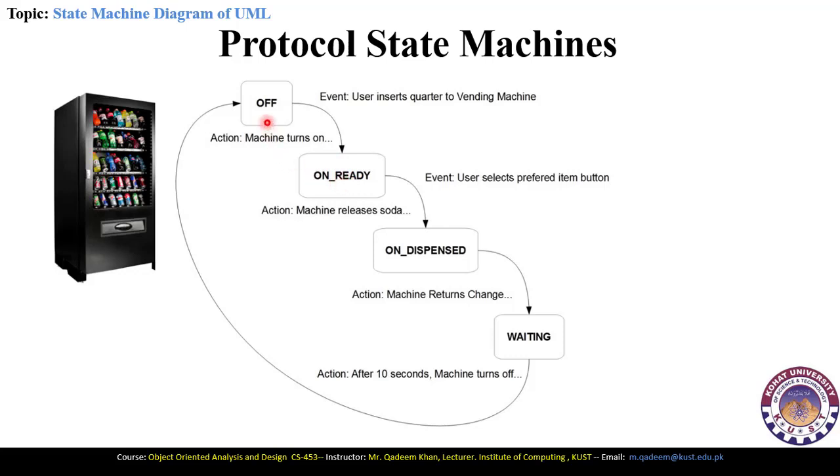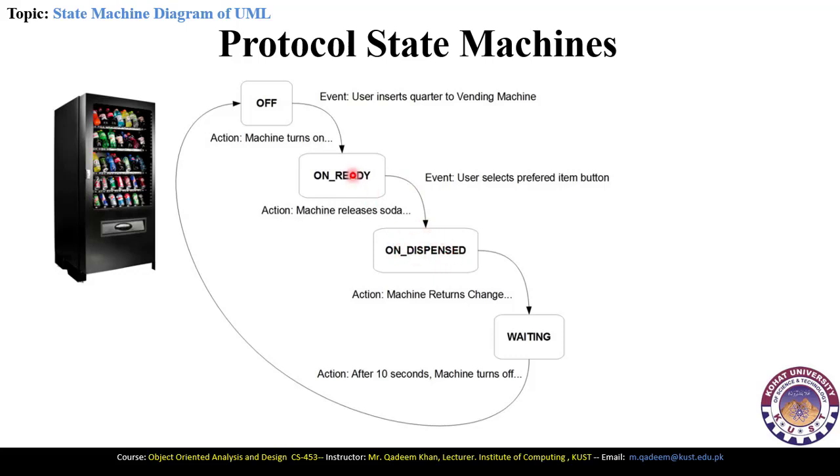Now you can see that from off to on ready we have a line here, which is a directed line. That means from off we can go to on ready, but we cannot go back from on ready to the off state. And on this arrow we have certain labels like the action, machine turns on, and there is another action, machine releases soda. After the on ready state, the on dispensed state will be called here.